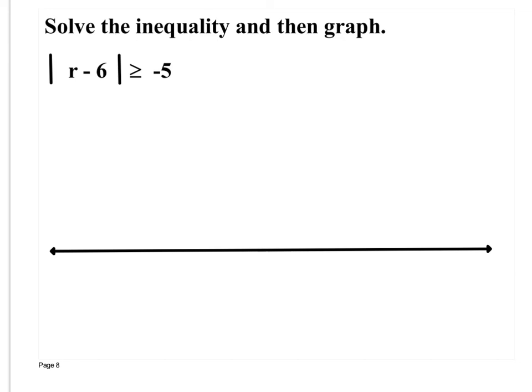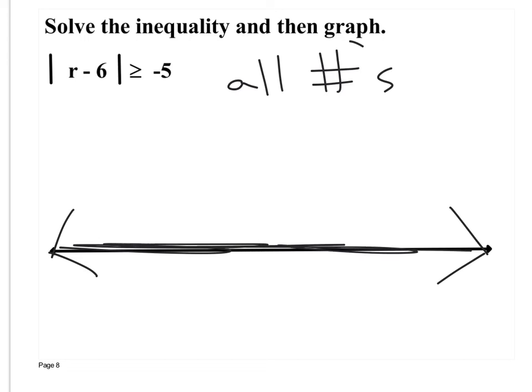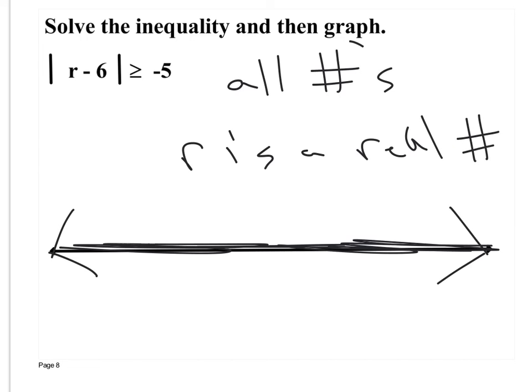So the absolute value of r minus 6 is always going to be greater than negative 5. So my answer isn't empty set for this one. Here, it's all numbers. If they wanted you to graph that, you just shade in the whole thing. The way they write it is that r is a real number. But if you put all numbers, that's fine too.